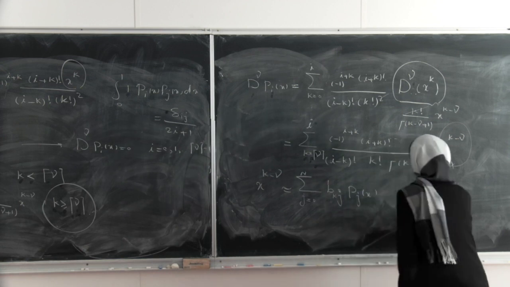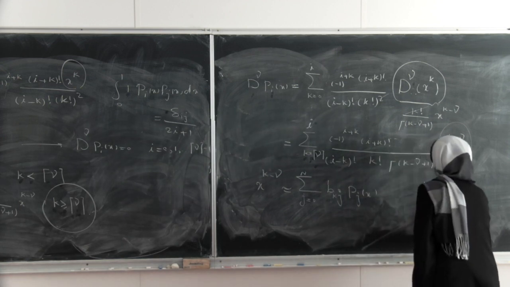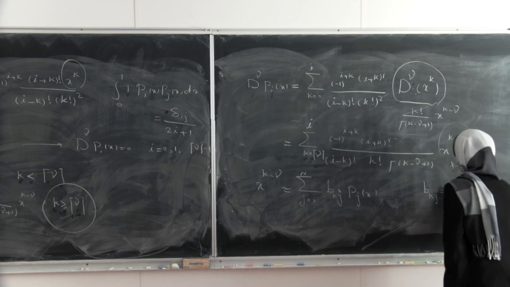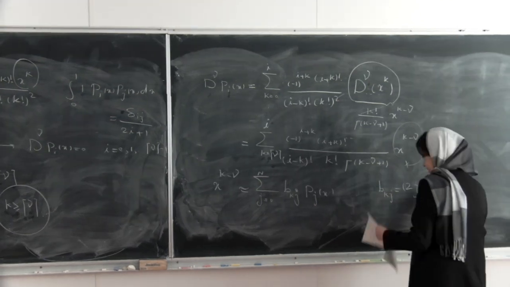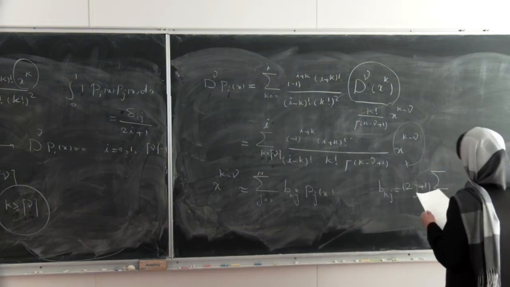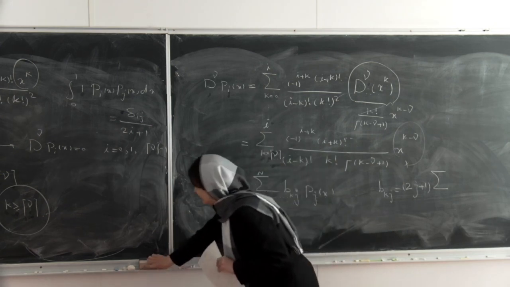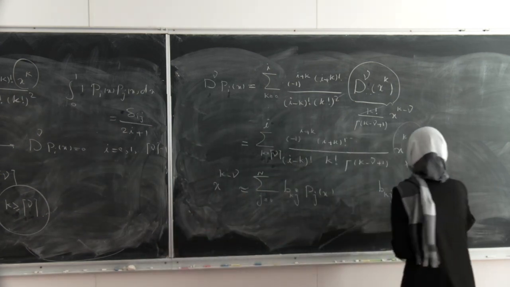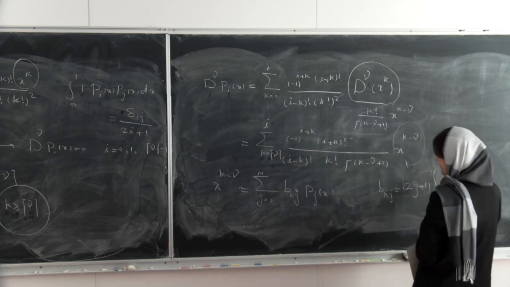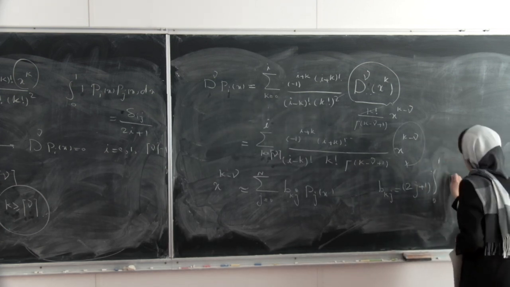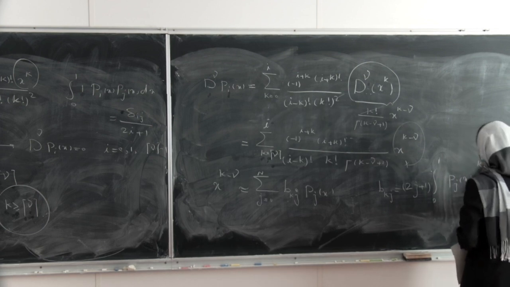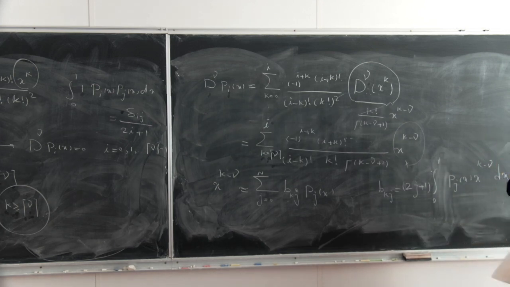So we have b k j equals 2j plus 1 times the integral from 0 to 1 of P j of x times x to the k minus nu dx.